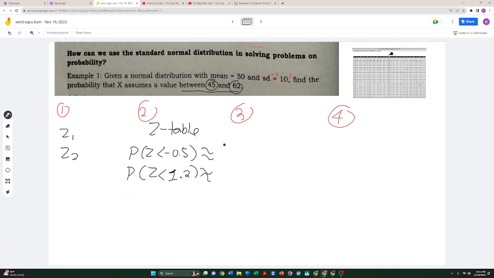The formula is that probability of the range, which is P z1 less than z less than z2, is equal to P z less than z2 minus P z less than z1. So diba makuha man na.